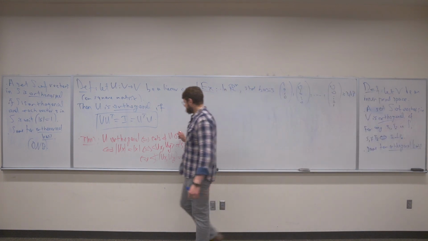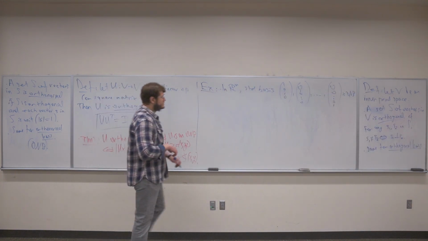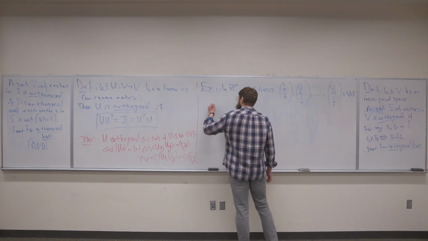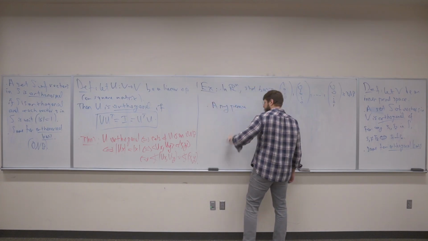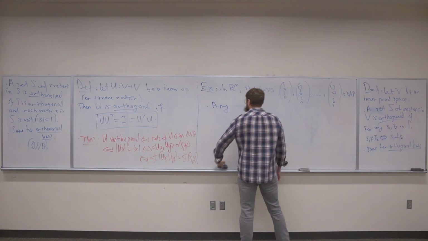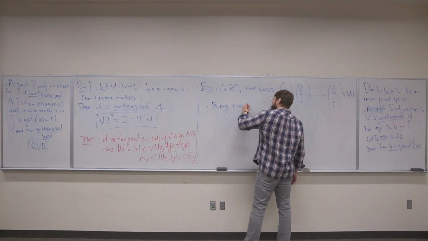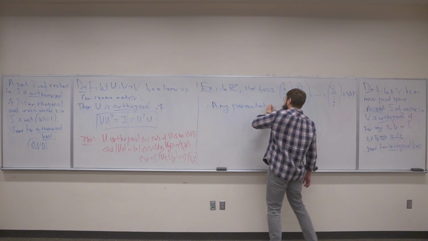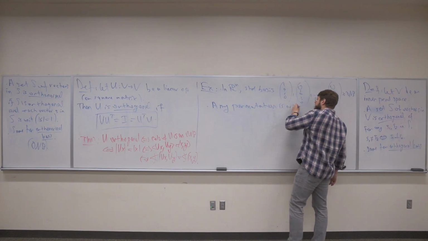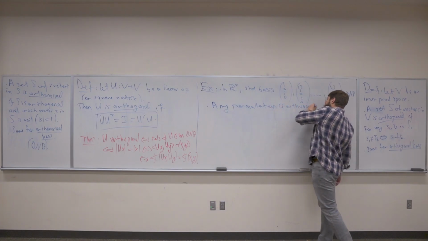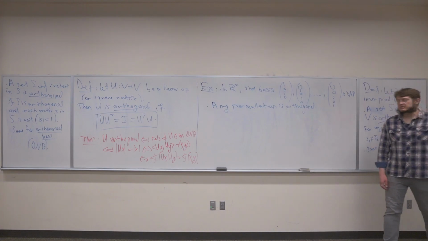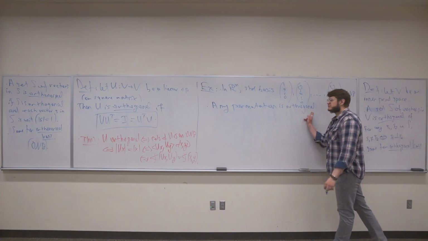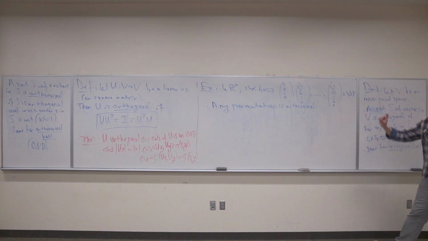By this idea, any permutation matrix is orthogonal. Okay. So in a sense, orthogonal matrices are generalizations of row interchanges, if you want.